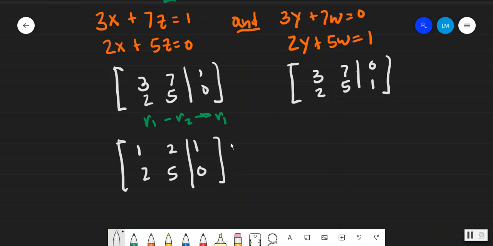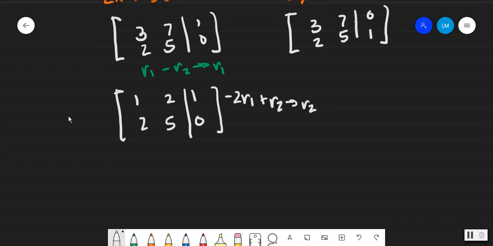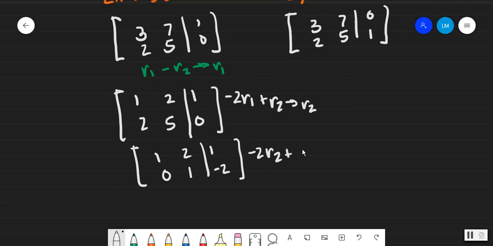Now I could do -2 times row 1 plus row 2 to give us a new row 2. What does this give you? It gives you 1, 2, 1, and then 0, 1, -2. The next step is to take -2 times row 2 plus row 1 to give you a new row 1.